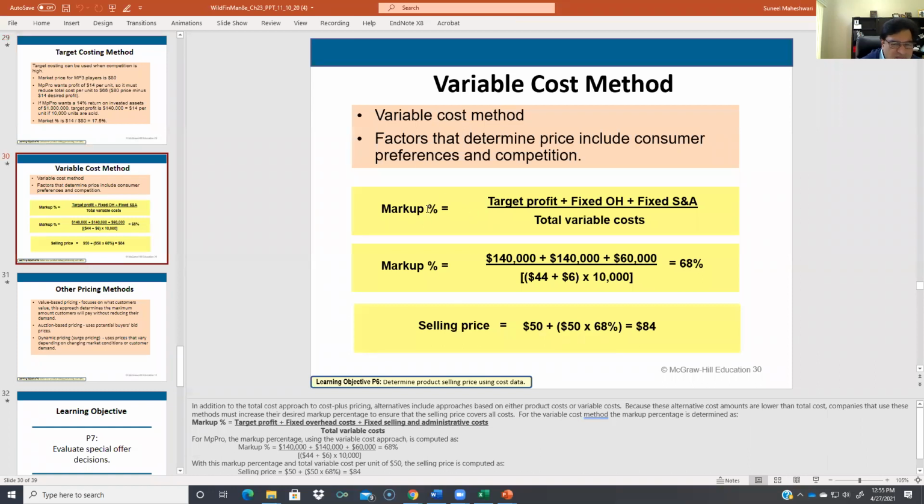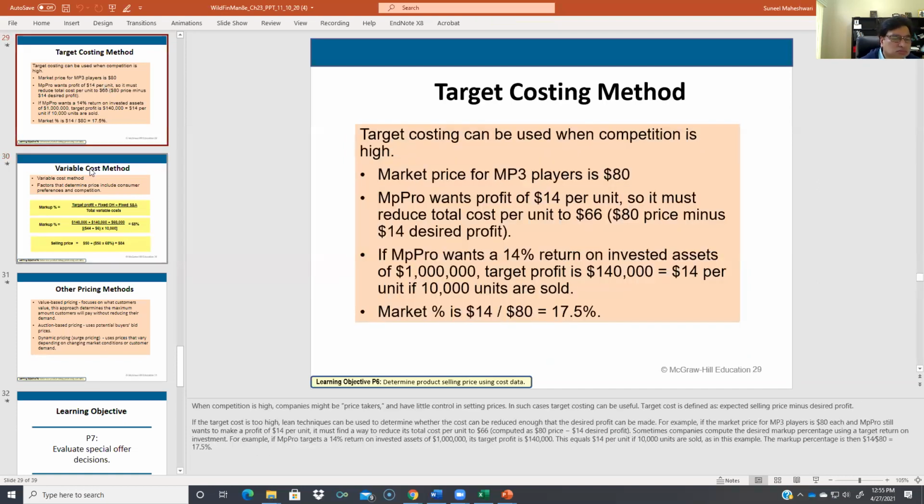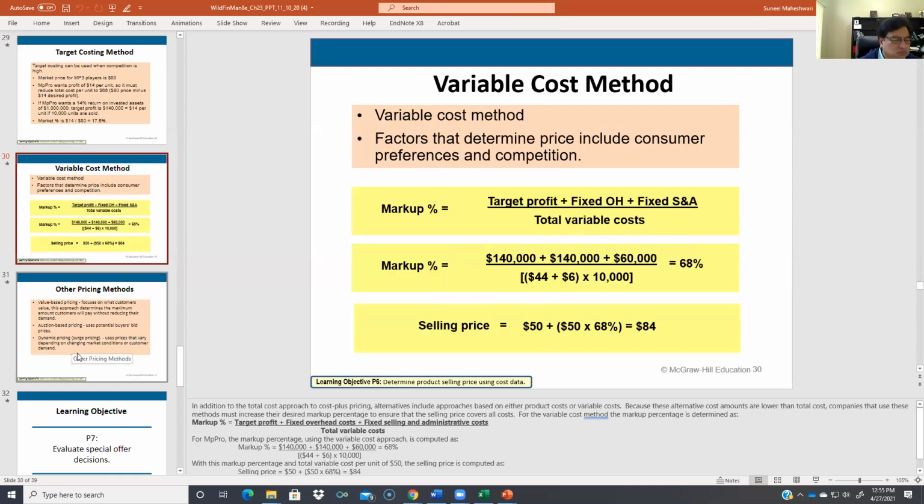So if you look at the markup percentage using the variable cost method, you've got your target profit, 140,000, plus your fixed cost, fixed overhead, fixed selling and administrative overhead. Or were you talking about the variable cost method?